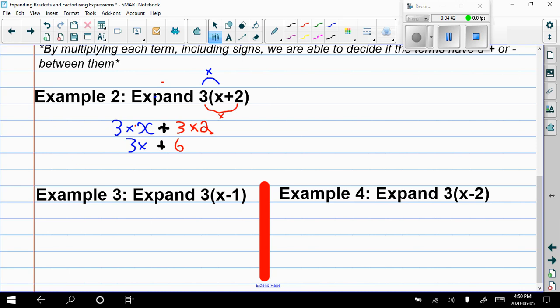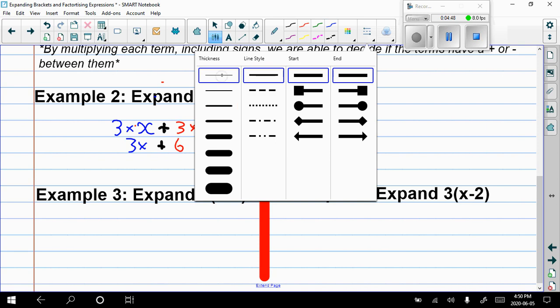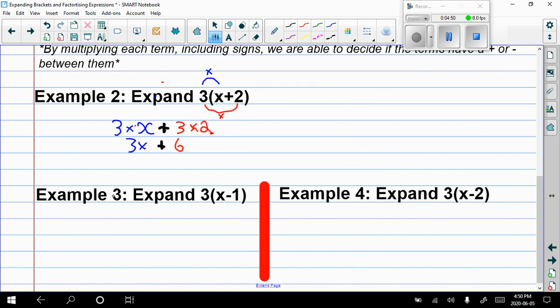Next example we're going to do, and we'll get some practice with these after that, is expand 3 bracket x minus 1 close bracket. The only difference here is we have that minus sign. And this is where you're going to see why I like thinking of them as positive and negative numbers and not addition and subtraction anymore.